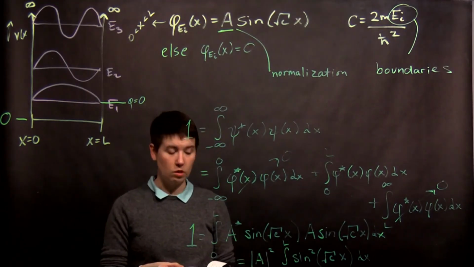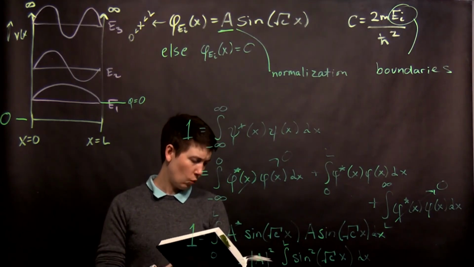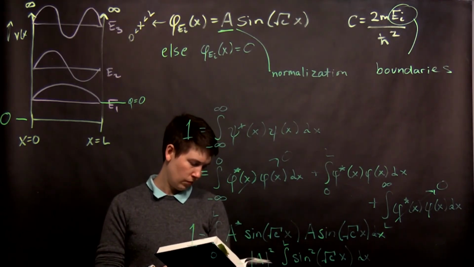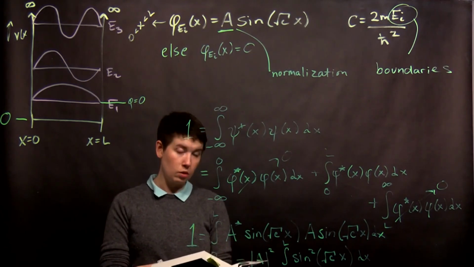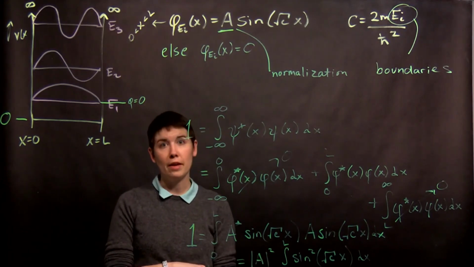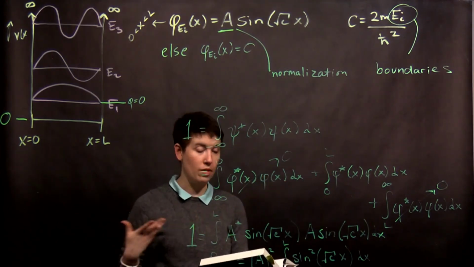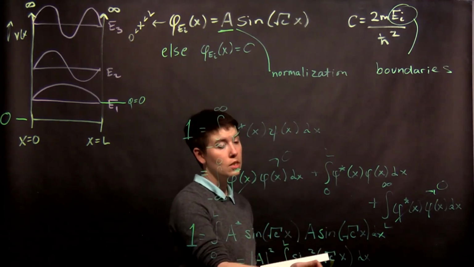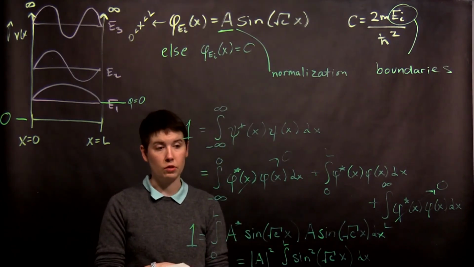There's a table of integrals in the back of the book. For instance, the indefinite integral of sine squared ax is equal to 1/2 x minus 1 over 2a sine ax cos ax. You could even use that right now without necessarily knowing what this variable is, and from that maybe make an argument about what your integral is.